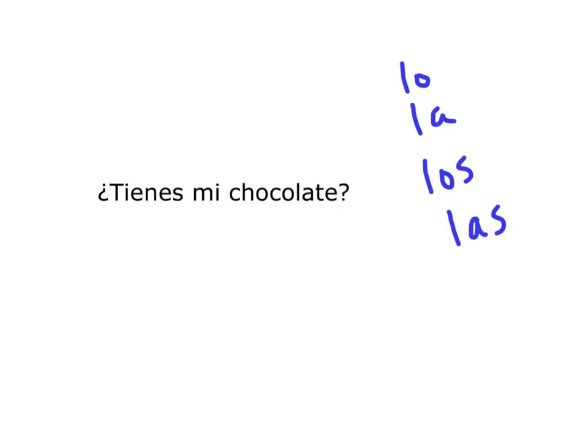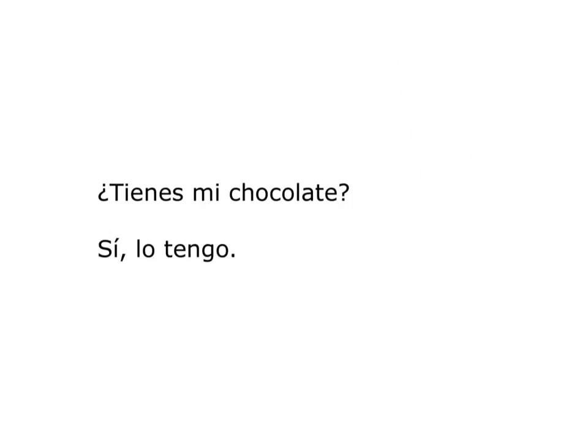For this part of the exercise, you have my stuff, so it's time to fess up and tell me that you have it. So, tienes mi chocolate. Remember, we're going to boot mi chocolate out of the sentence and replace it. Sí, lo tengo. The lo is the chocolate.